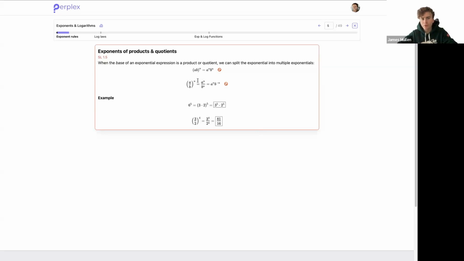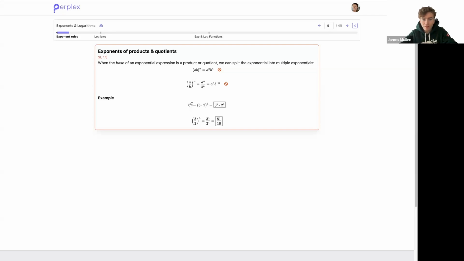Something similar for quotients: you just use the rule above with the rule from the previous slide, which was that if I have 1 over b, I can write that as b to the negative 1. So I can write this as a times b to the negative 1, all to the n. And if you simplify all of that, you'll find that this is equal to a to the n times b to the negative n, or a to the n over b to the n, whichever is more intuitive for you.